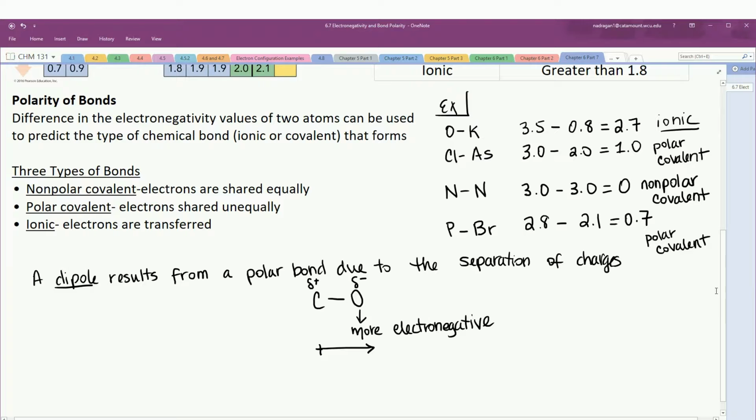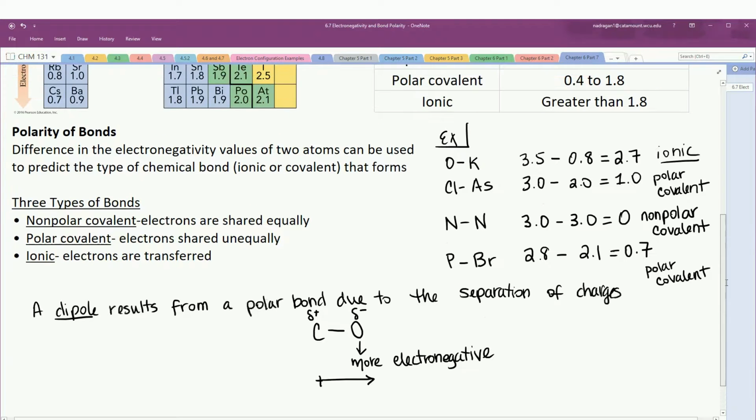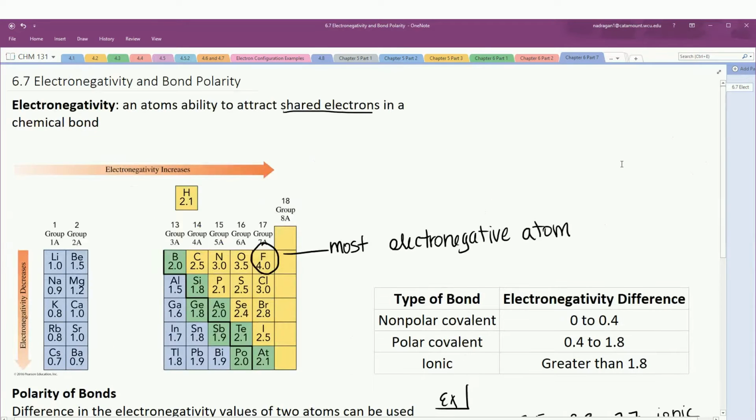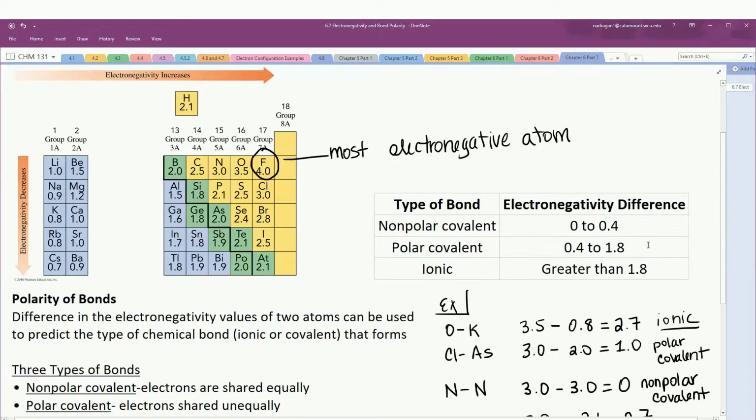Okay, so in this video, the overall goal is for you to understand what electronegativity is. It's the atom's ability to attract shared electrons in a chemical bond. You can calculate the electronegativity difference using this figure from your textbook, because each element has an electronegativity value associated with it.